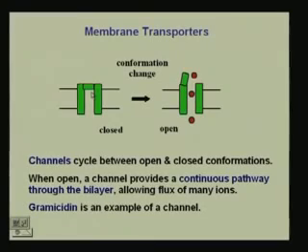So, whether the cell needs potassium or sodium would depend upon whether this ion channel is going to open or close. Okay? So, the channels cycle between open and closed conformations, and when open, it is not like a carrier protein, which does not allow anything else to get through. Once this channel is open, there is going to be a flux of many ions going through because you have an open channel now. Okay?